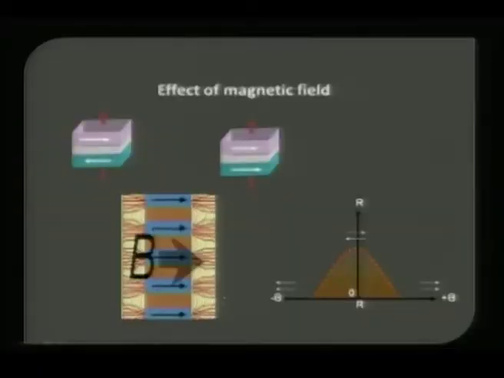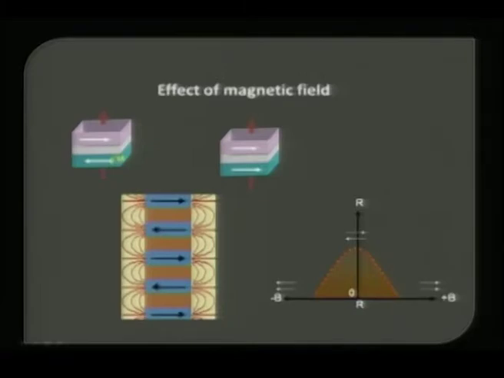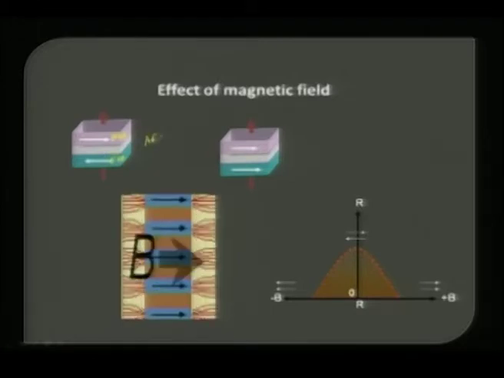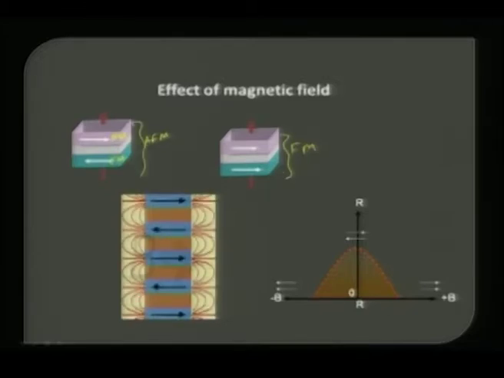Now what really happens is, this cartoon tells you that if you have this ferromagnetic layer aligned in this direction and this ferromagnetic layer aligned in the opposite direction, they are anti-ferromagnetically coupled, whereas in this case they are ferromagnetically coupled. In both cases, when they are anti-ferromagnetically coupled, they have a different resistance.